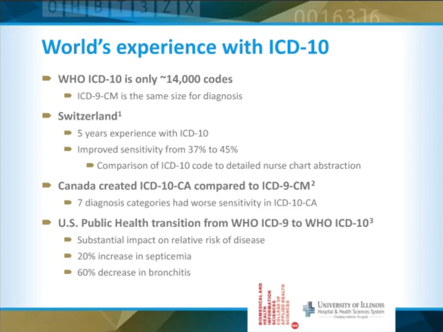Now, many of you may or may not be familiar with that all public health agencies had transitioned to the World Health Organization's version of ICD-10 many years ago. One of the peer review articles looking at that transition from a public health reporting challenge showed that there was a 20% increase in septicemia as well as a 60% decrease in bronchitis.